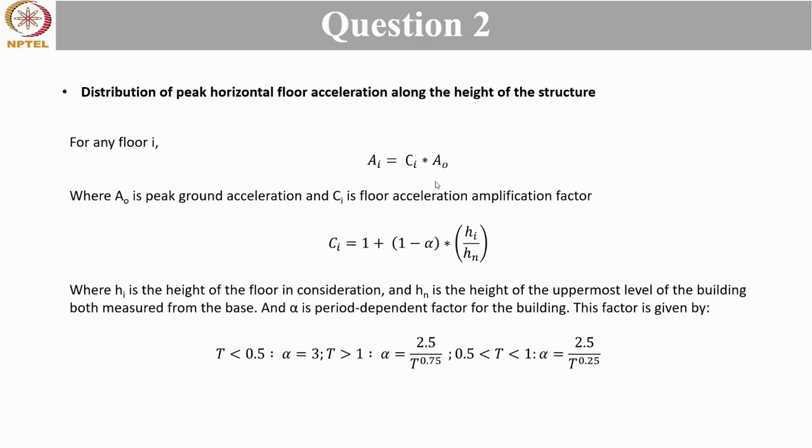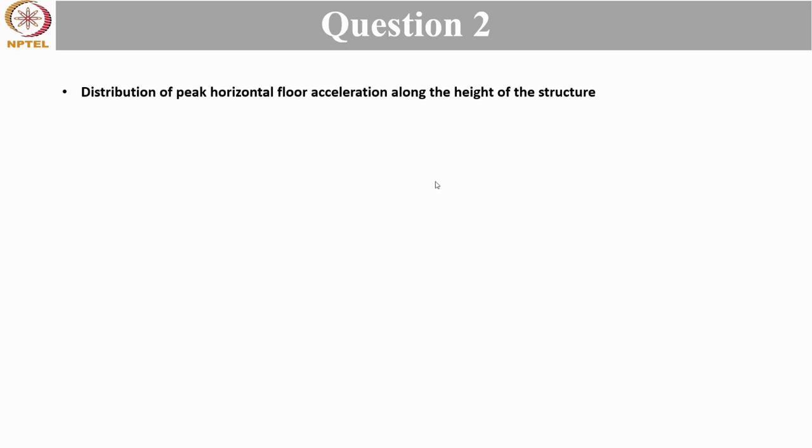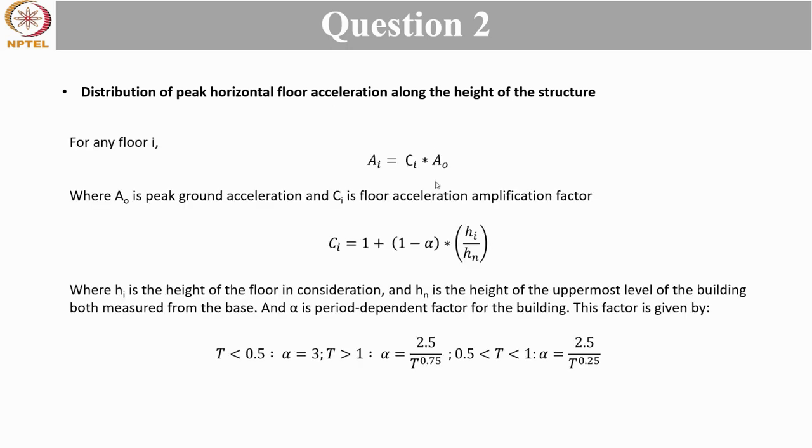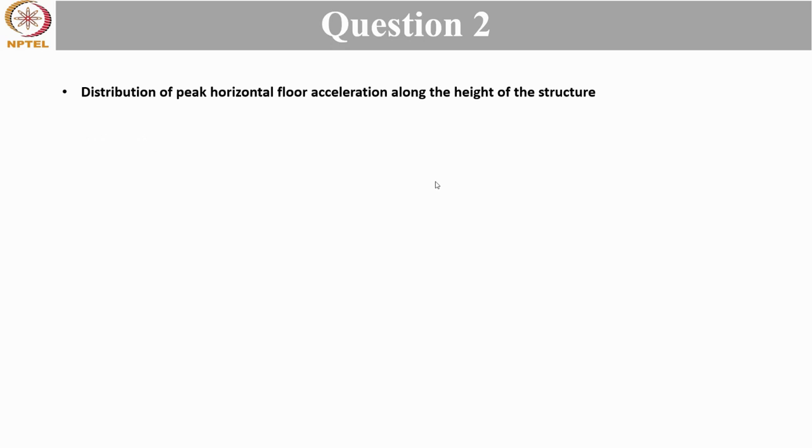The relationship for that is Ci equals 1 plus (1 minus alpha) times Hi by Hn, where Hi is the height of the floor that we are considering, Hn is the height of the uppermost floor of the building, and alpha is a period dependent factor. So depending on our critical period, the alpha value will change. In our case, since T is greater than 1, the alpha relationship will be 2.5 upon T to the power 0.75.